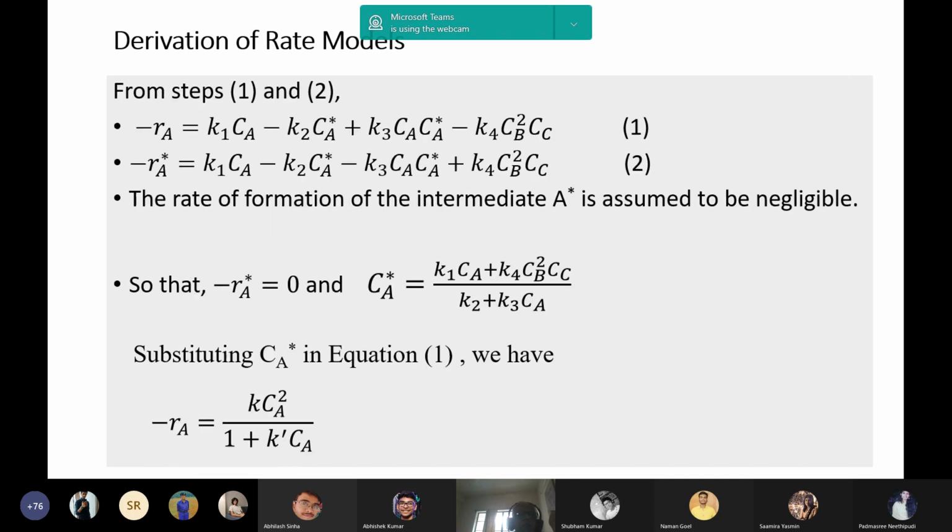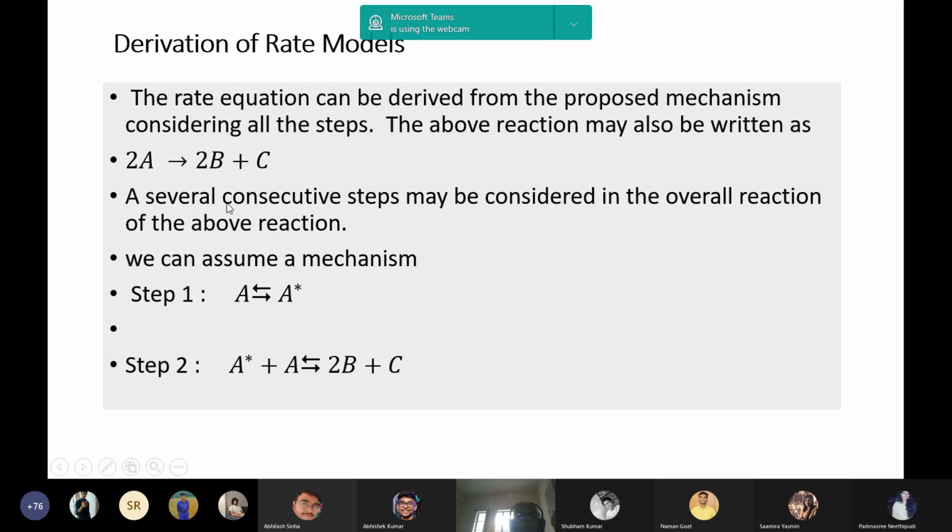Non-elementary reaction: how to derive this? Write the individual rate equations from the first step and second step. The main assumption for a non-elementary reaction is that all individual steps are elementary type. This is the basic assumption.